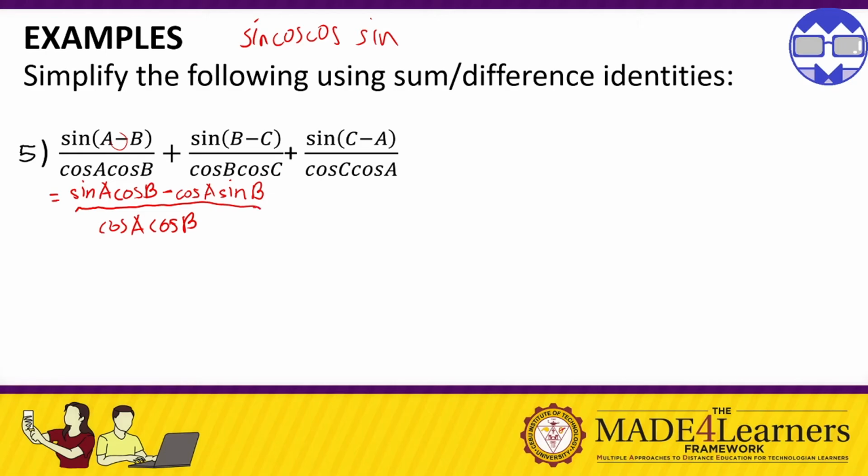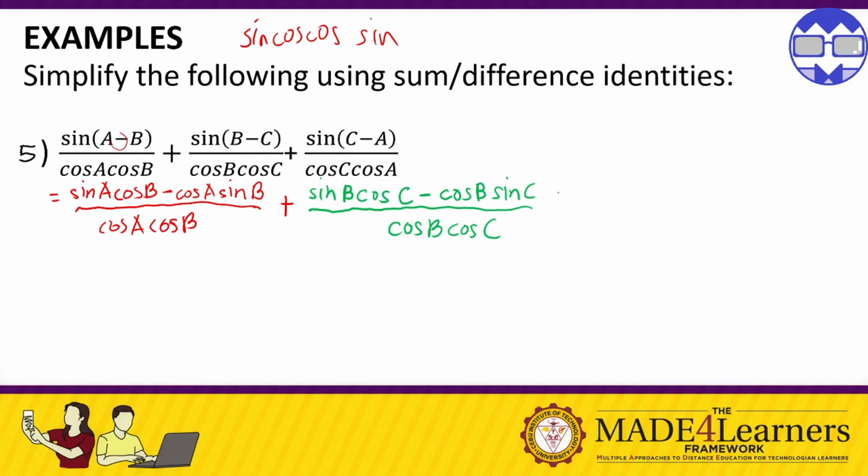That's it. Next, we'll have sine of B minus C. Let's change color. So we have sine B cos C minus cos B sine C, all over cos B cos C. Then let's change color again.